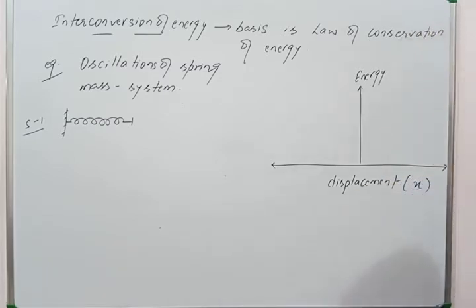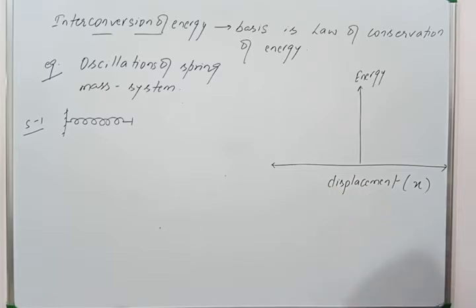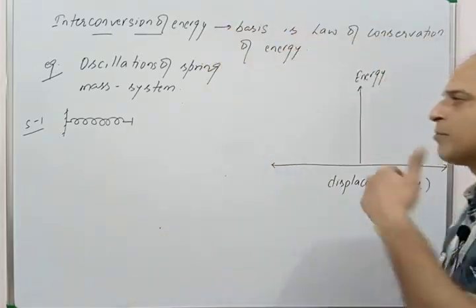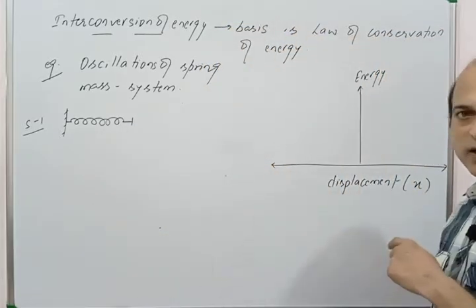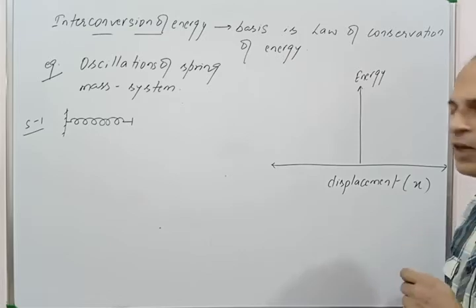The spring can be displaced to the left or the right, so the graph is shown on the negative side as well as the positive side with respect to the natural length. Suppose the natural point is O. We plot compression on the negative side and elongation on the positive side of the x-axis.